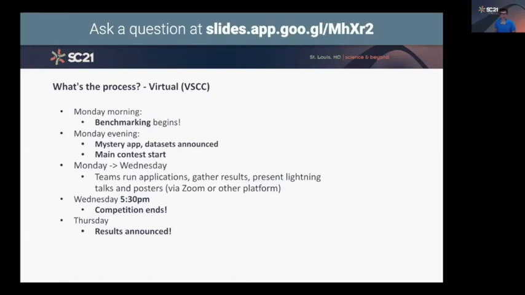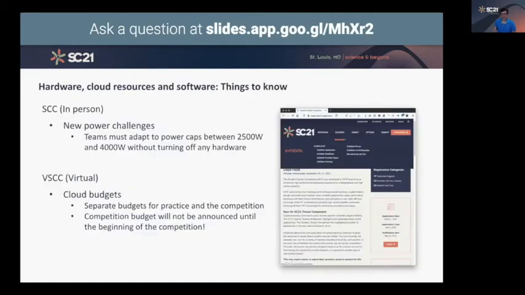And for the next 48 hours, you'll be working on running applications, gathering results, and also presenting your lightning talks and posters. That will happen, of course, in a virtual setting via Zoom or some similar platform. Also, Wednesday, 5:30, same time as the in-person competition, the virtual version of the competition also ends, and the results are announced on Thursday.